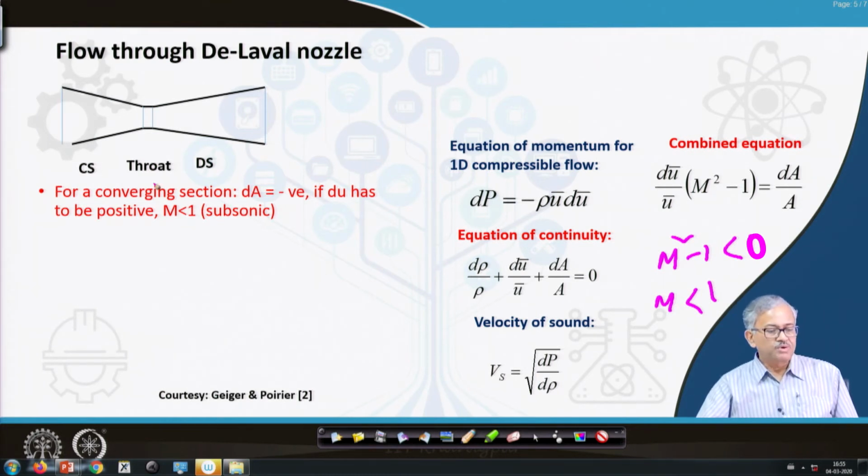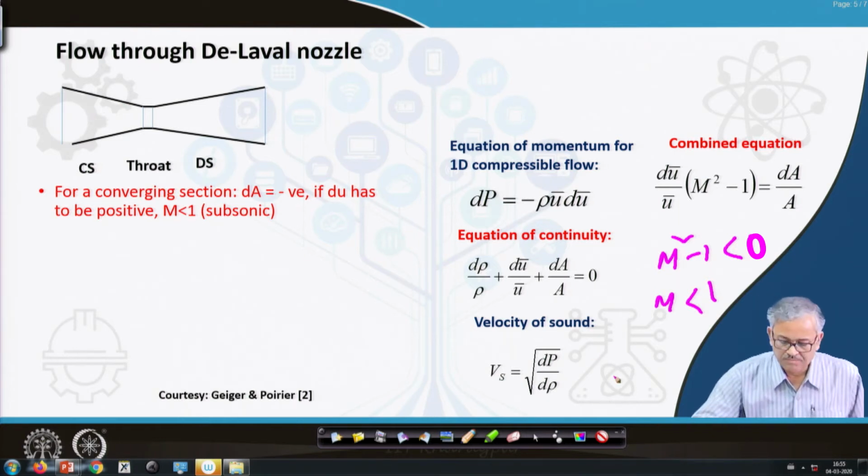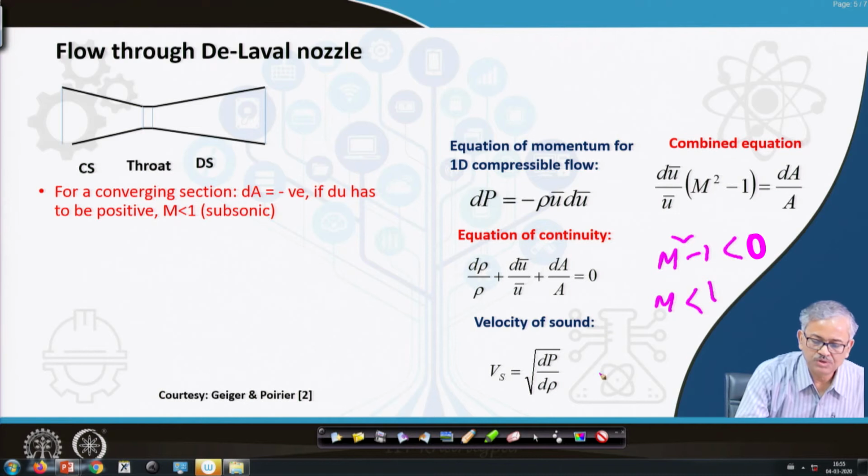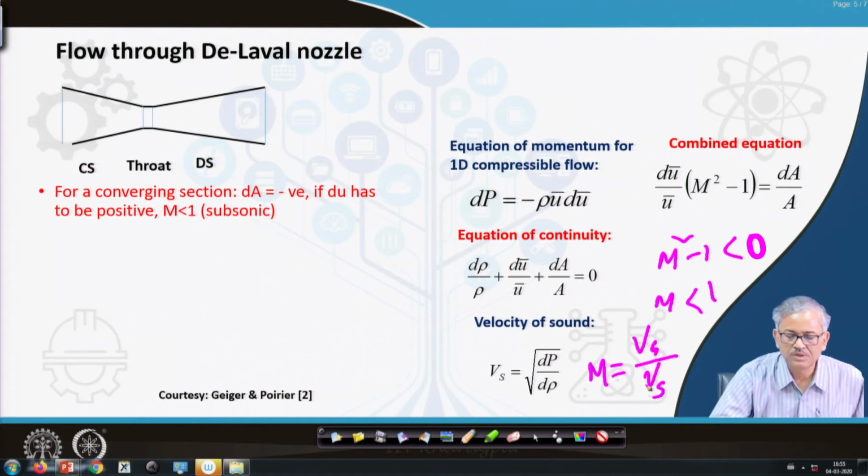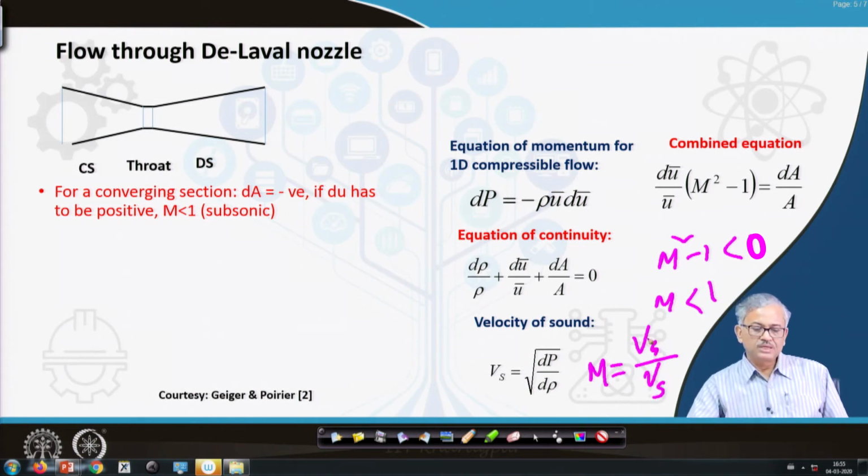So in a converging section, if you want to have an accelerating gas, the velocity should be subsonic. M is basically the Mach number, the velocity of gas divided by the velocity of sound. So the velocity of gas should be less than the velocity of sound, that is, it will be subsonic, right?